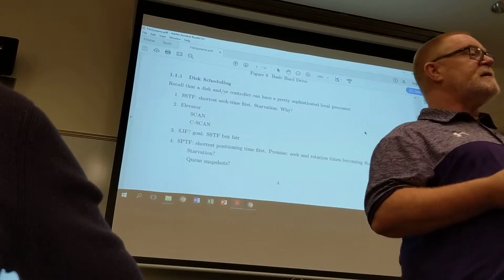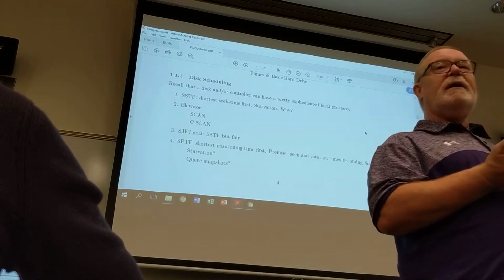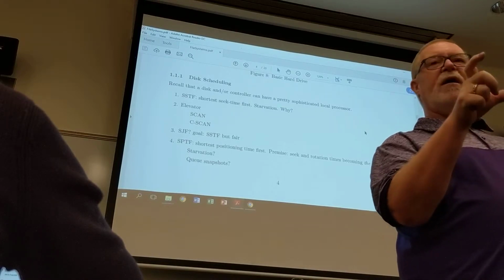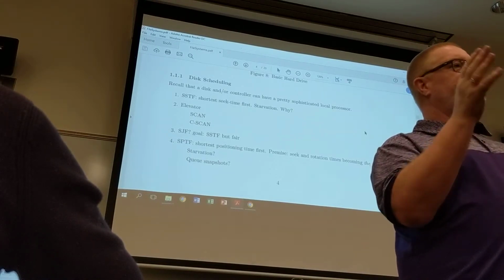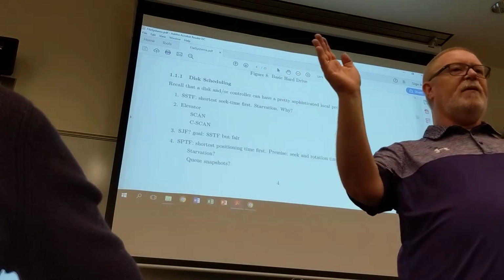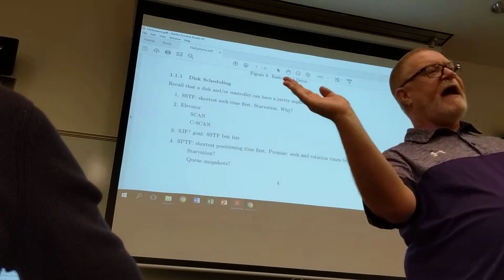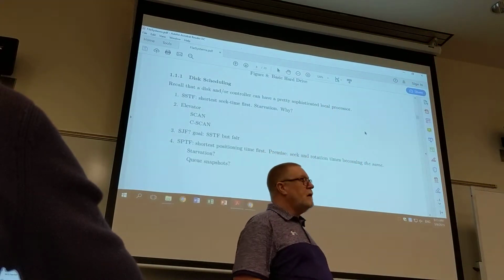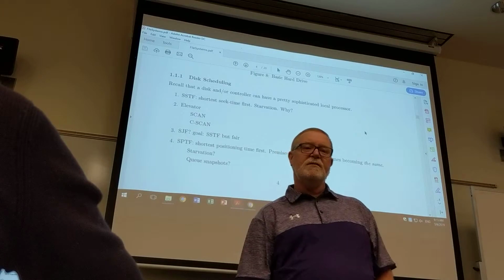It reduces latency because remember that seek time is a dominant cost. The further we have to move the arm, the more time it takes. That coasting is very expensive. When we accelerate the arm, then we coast to the new location. That's where most of our time is. So reducing seek is really a good way to do things.